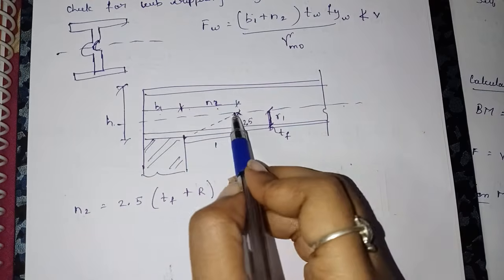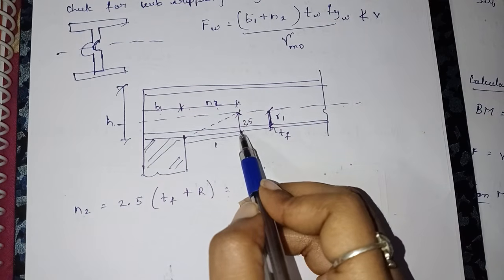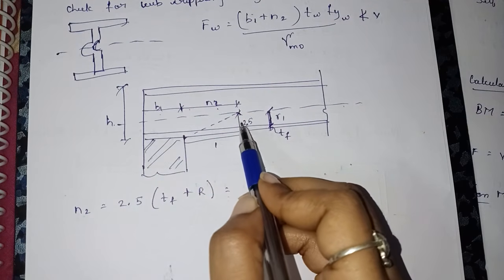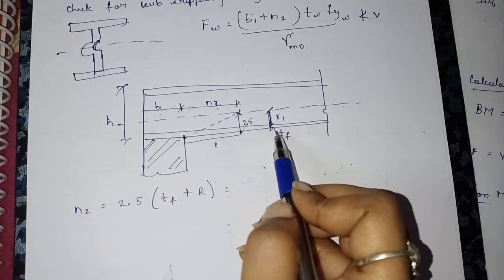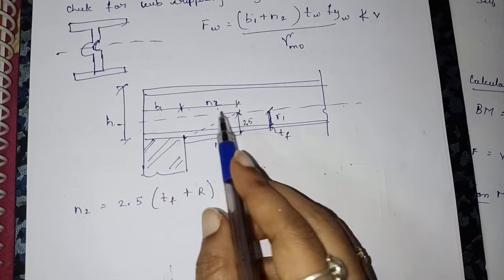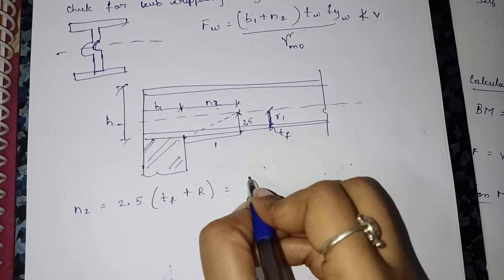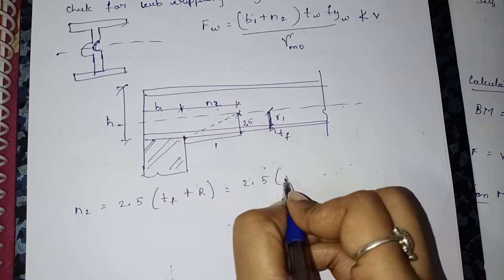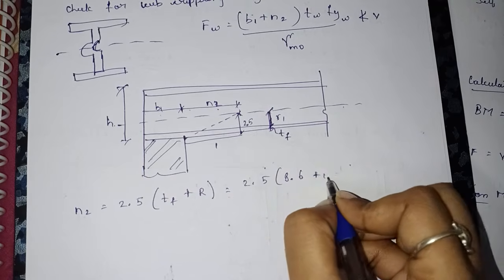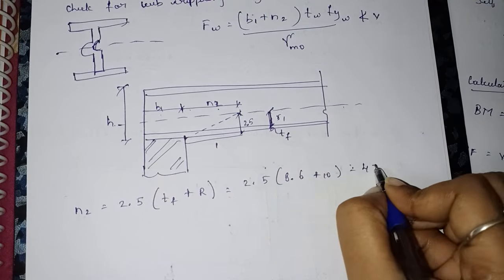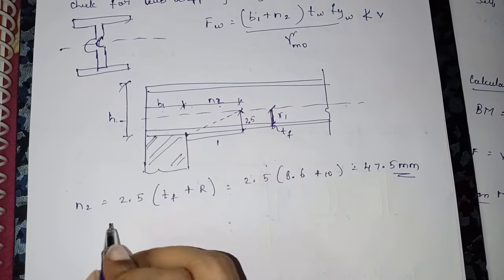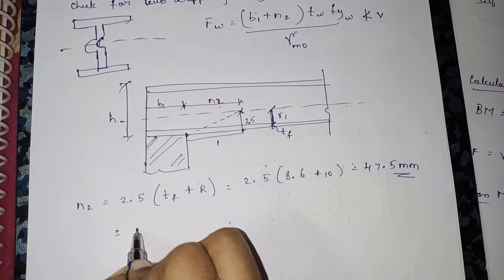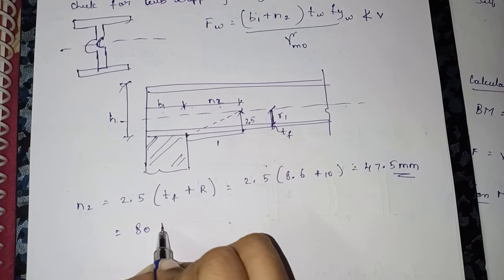So how do you calculate this one? You know this distance, that is ratio 2.5 times r1 plus thickness of the flange, you will get this distance. So you will get 2.5 into 8.6 plus 10, that is 47.5 mm. So you got to know what is N2 now, and we have already taken B1.